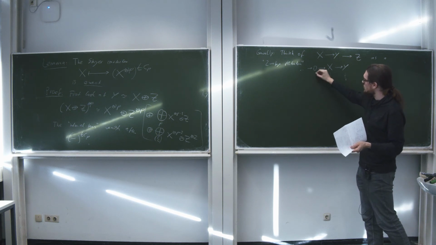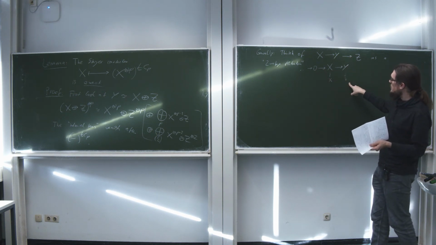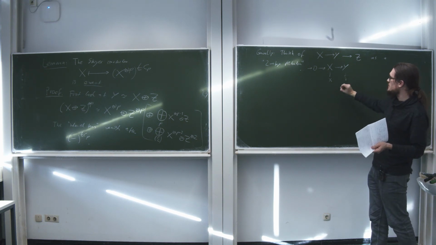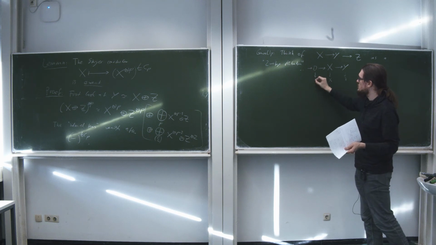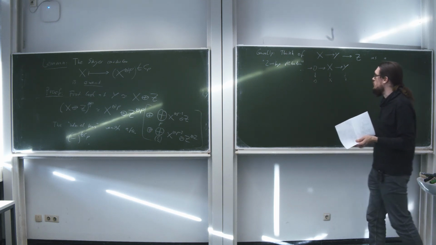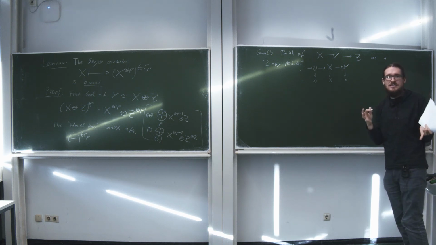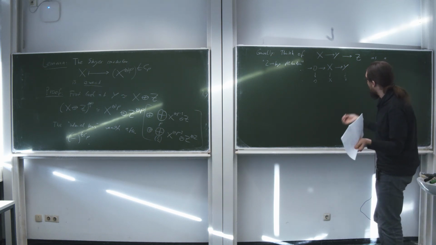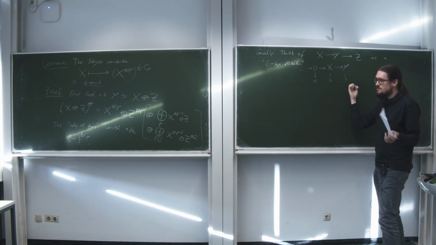If I draw in the associated graded, then y mod x is z. That's where our cofiber sequence comes in. x mod 0 is x, and 0 mod 0 and so on is just 0, right? So we have a filtered spectrum with underlying spectrum y and associated graded given by x plus z.